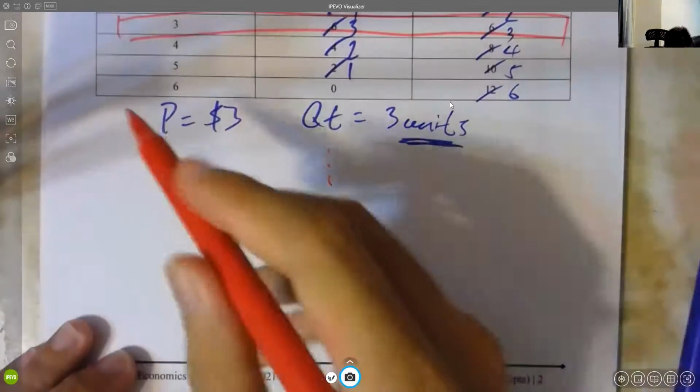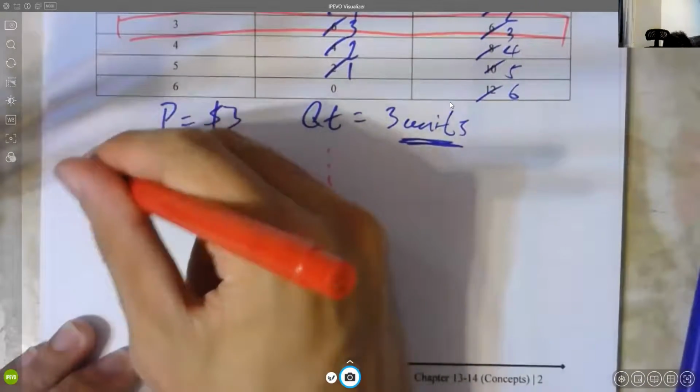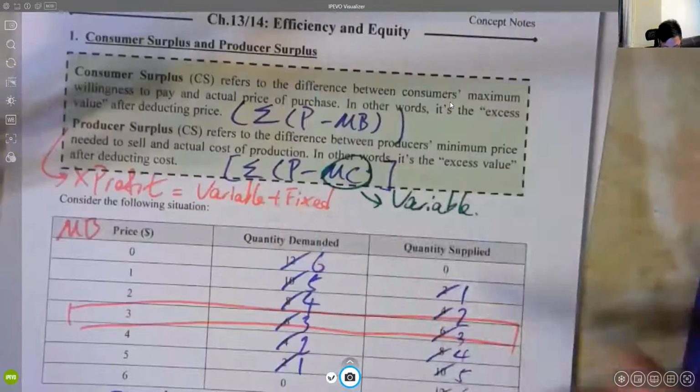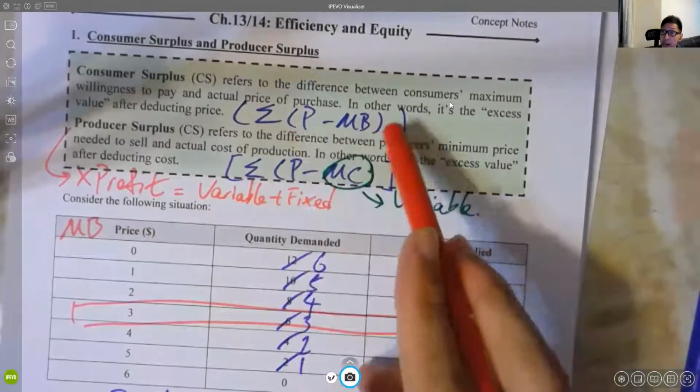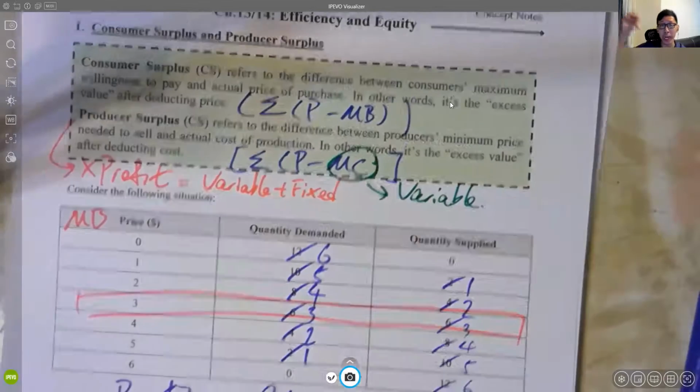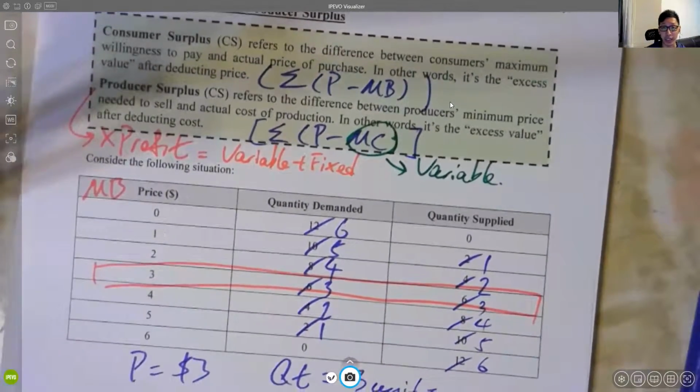Let's find out now, because we say it's the summation of price minus MB all the way up to the quantity transacted, right?